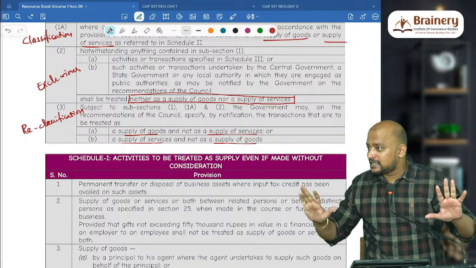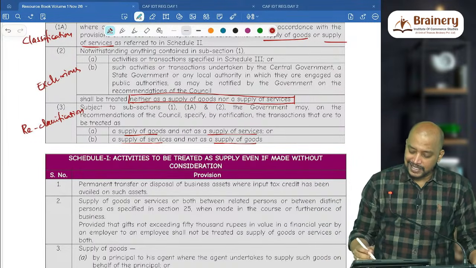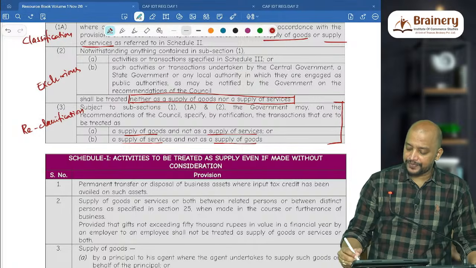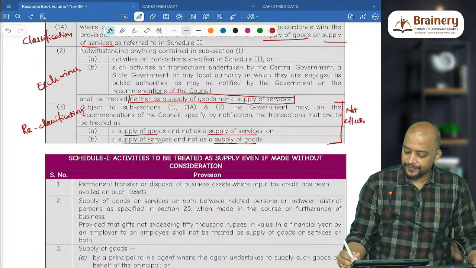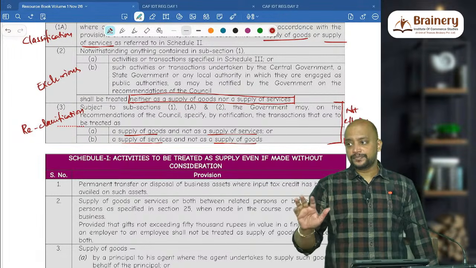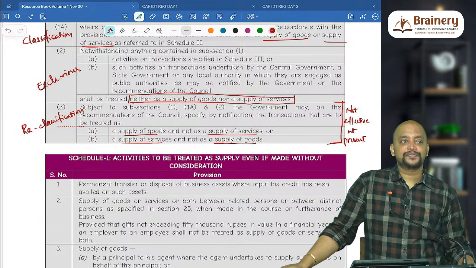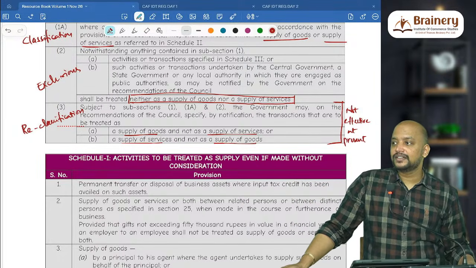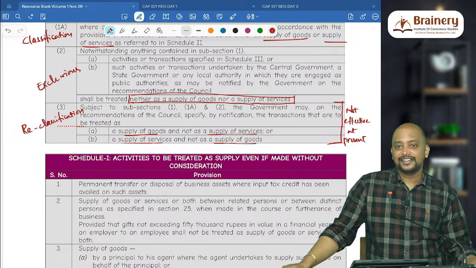But this power is not used, so this is not effective at present. They did not give anything, but they have power. The power we should know. When they do this, if the rate for service is lesser and for goods it is more, they will change.